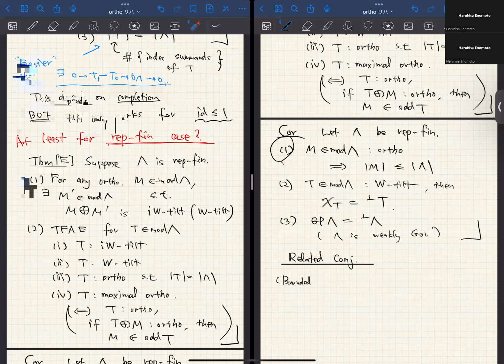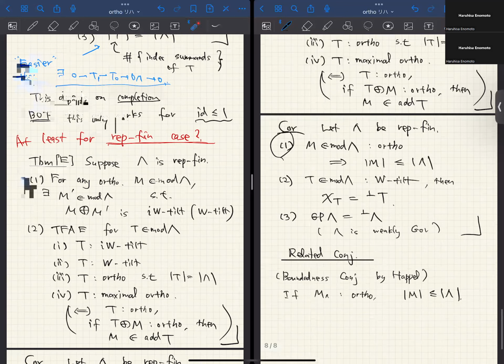This is called the boundedness conjecture by Happel, from Happel's proceedings of some conference. If a lambda module T is orthogonal, then the number of indecomposable summands should be bounded by the rank of the algebra. I think this is a rather strong conjecture, but as far as I know, there is no known counterexample.